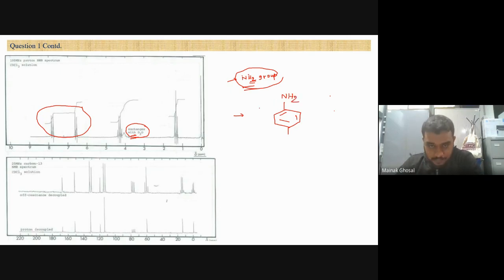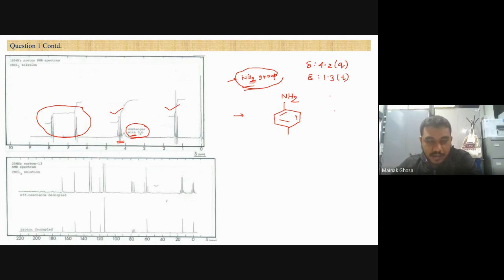Now you see other patterns. Here is delta 4.1 or 4.2, a quartet, and there is another delta, this one and this one, at 1.3, which is a triplet.